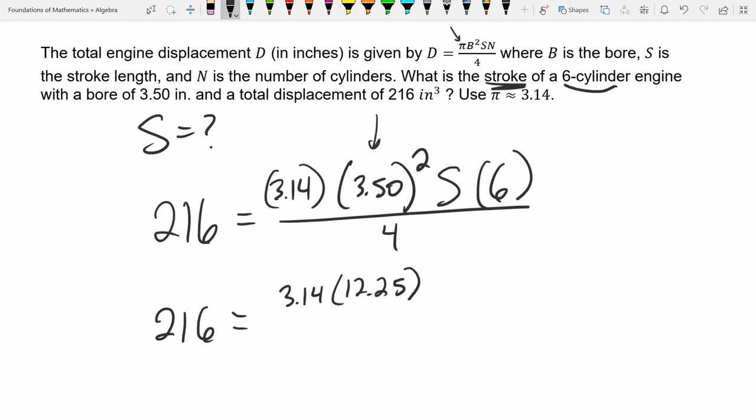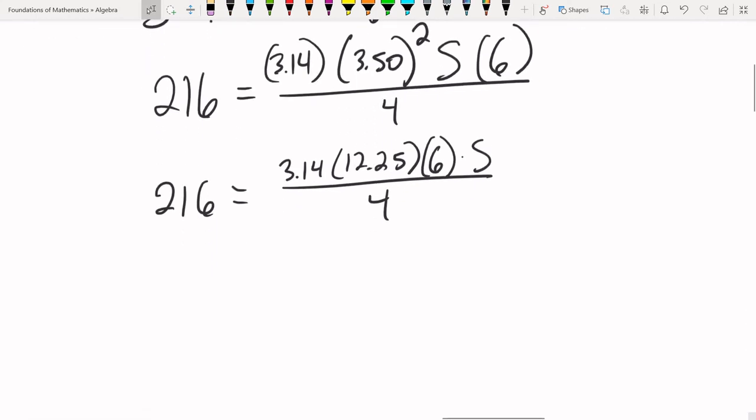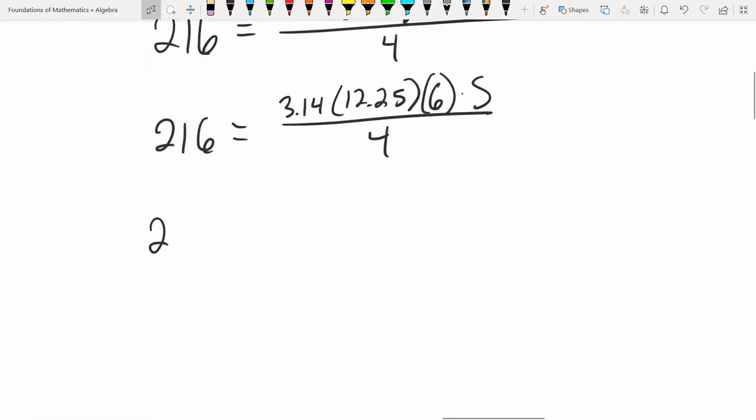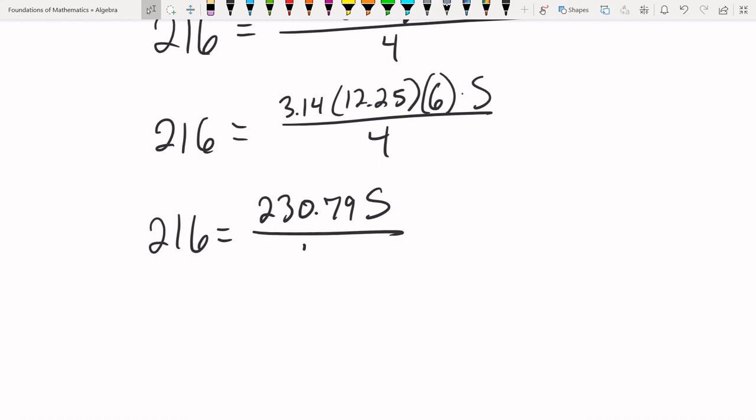I'm going to flip the S and the 6 around. And now I can just multiply 3.14 by 12.25 and 6. Doing that collapses the top into one thing, giving us 216 equals 230.79 S over 4.